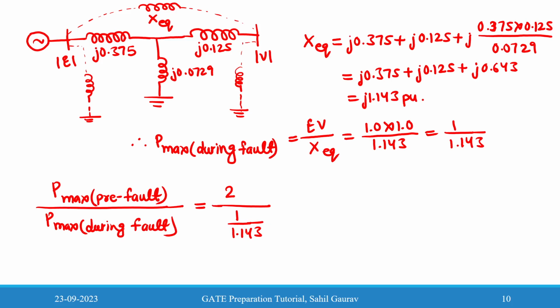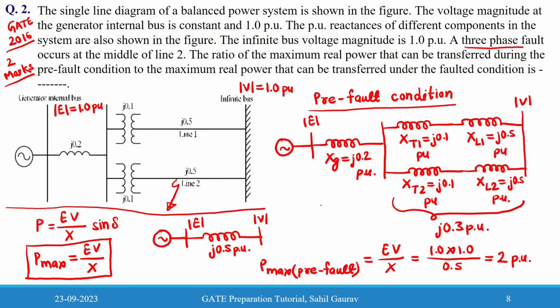So it is obvious that during fault the power flowing from the generator to the infinite bus will be lower. If this maximum power comes out more than before fault, you are making some mistake. So just remember that the maximum power during fault will definitely be lower than before fault. So it will be 2.286 per unit. The correct answer for this problem is 2.286 per unit.